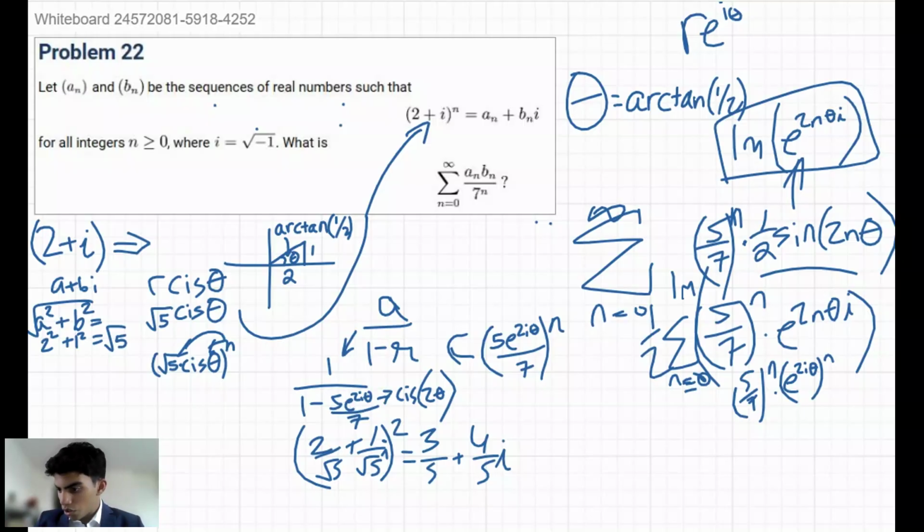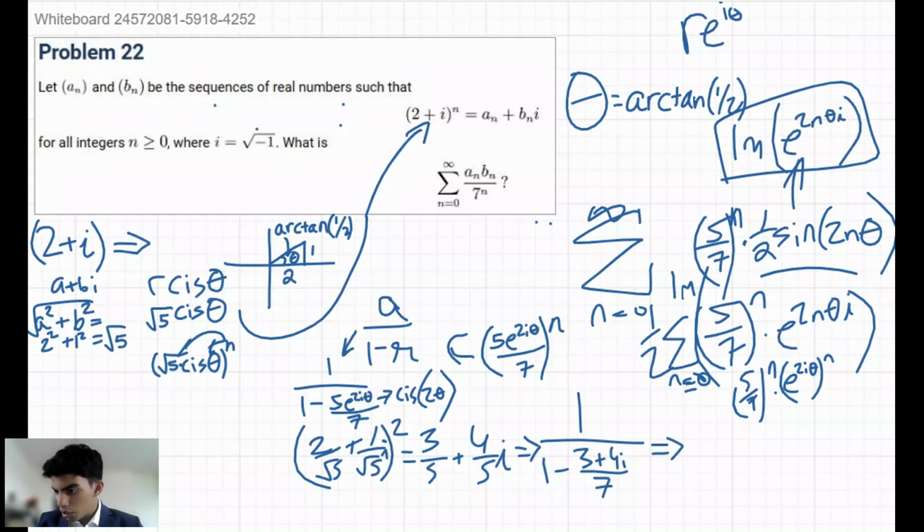Okay, so from here we can plug this into the equation right here. And so that would just give us 1 over 1 minus (3 plus 4i) on 7. Okay. All right. So now we can go ahead and evaluate this.